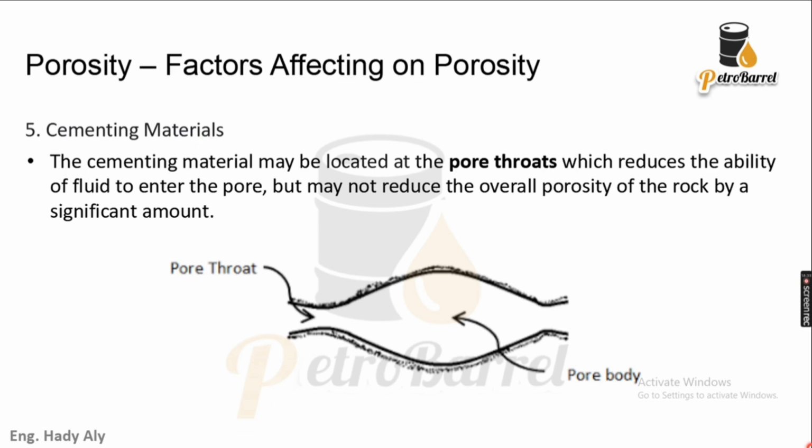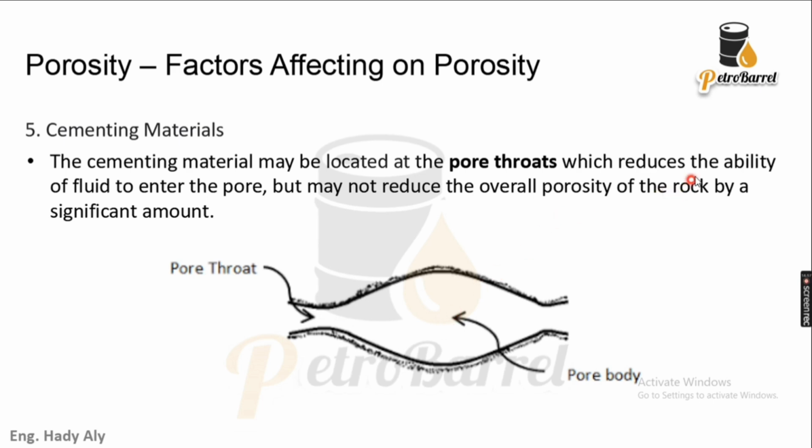Also related to the cementing materials, the cementing material may be located at the pore throat. As you see here, this is the pore spaces volume, the pore body, or the main pore spaces volume. But here I have a narrow path, which is the pore throat. It is also pore space, but has a low volume in comparison to this volume.